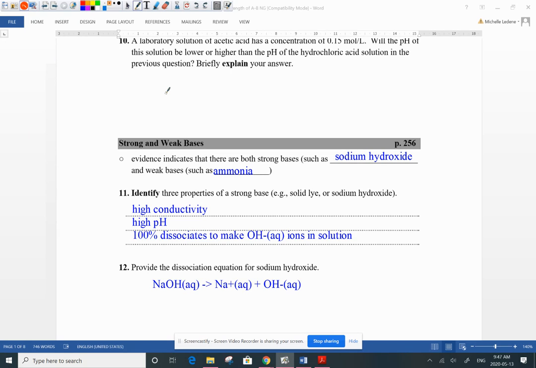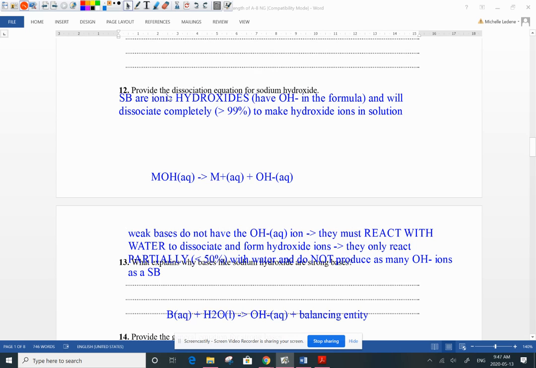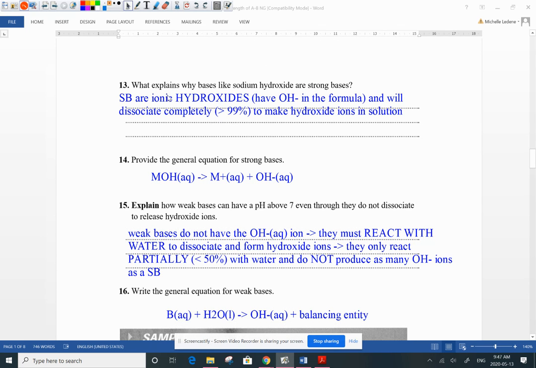So notice that all the strong bases have to have hydroxide in the formula. They don't need to react with water. They just dissociate. They just break up into their ions, and that's a complete reaction, 100%. Okay, so when you are looking at a formula, all of your strong bases have hydroxides in them, right? They have the OH in the formula. They dissociate completely.